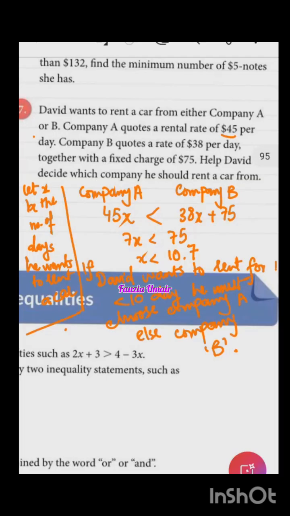That's the advantage of inequality. हमें इनइक्वालिटी से ये पता चल गया है कि 10 days तक कंपनी ए का रेंट कम है कंपनी बी से, लेकिन 10 days के बाद कंपनी बी का रेंट कम हो जाएगा कंपनी ए से. समझ आ रही बात की?